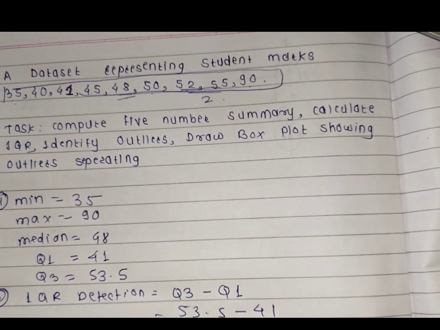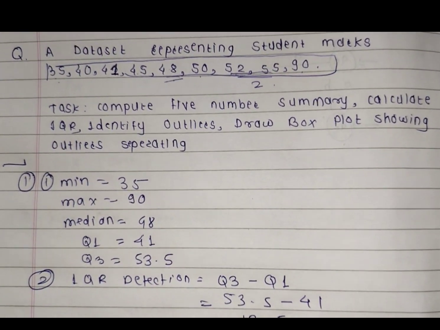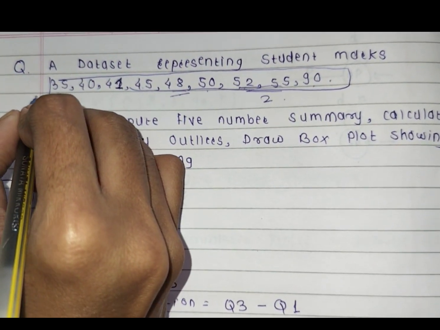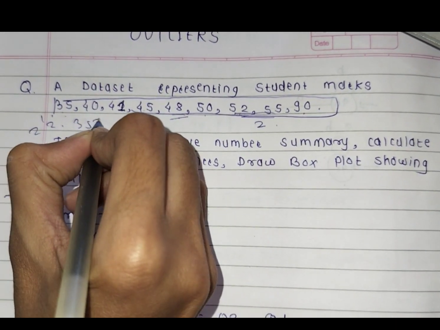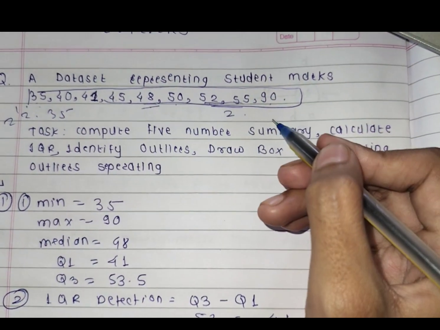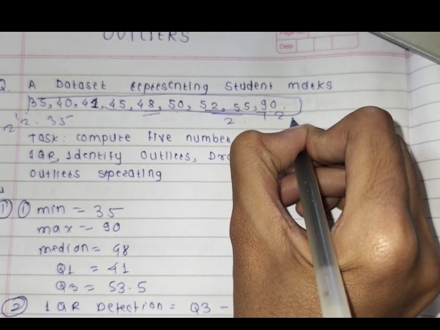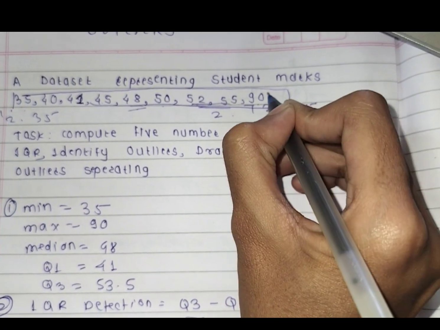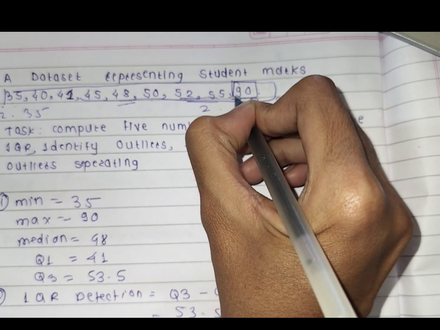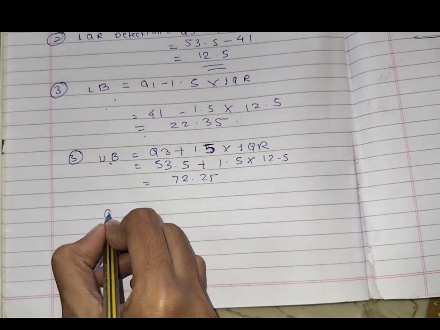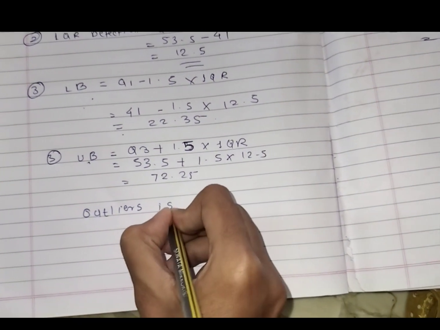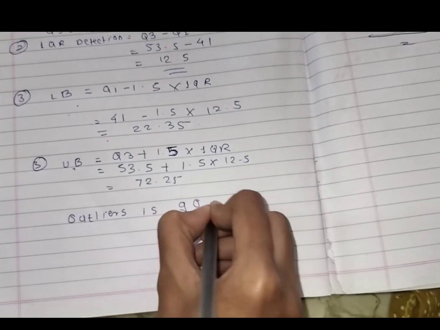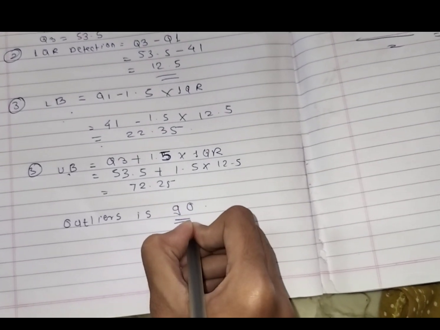If we observe, all numbers are greater than 22.35 and within 72.25. So 90 is greater than the upper bound. So here we have found that our outlier is 90.